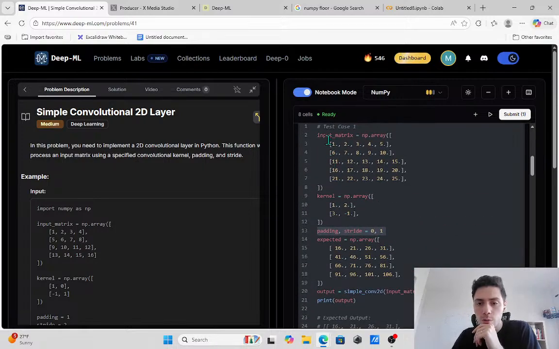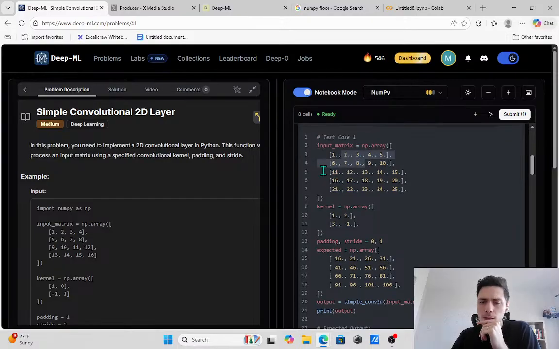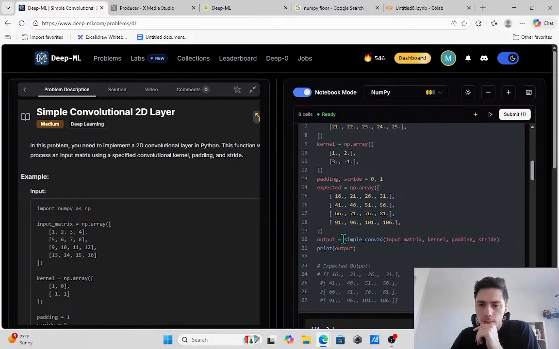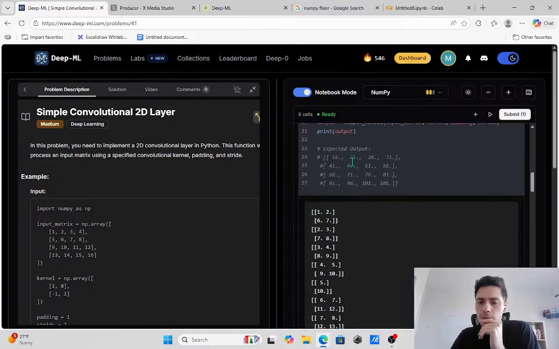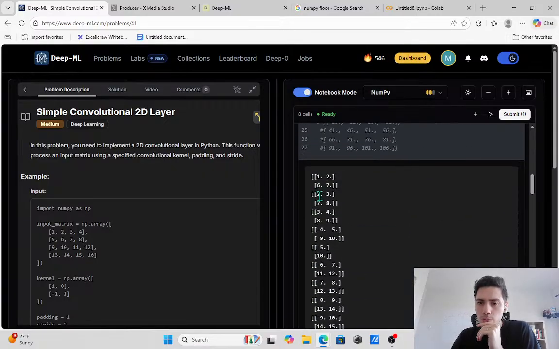Stride is 1, so theoretically it should be 1, 2, then, damn. It should be taking this box and then only moving over 1. So what we're doing is 1, 2.